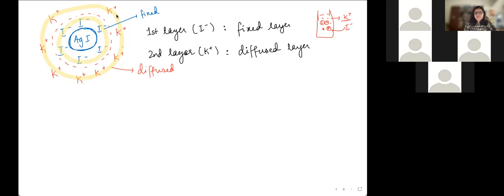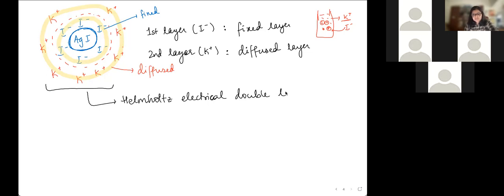And this kind of phenomenon, this whole double layer, is called the Helmholtz electrical double layer. Again, these are just words, terminology, just so you know in case you come across it.